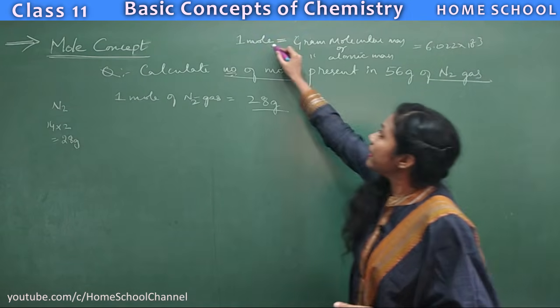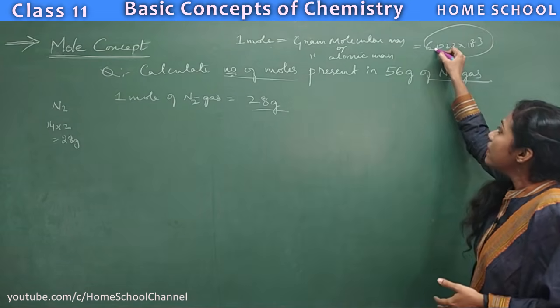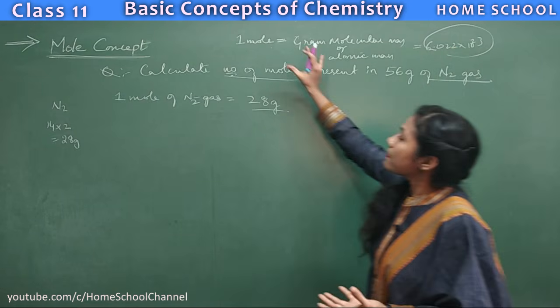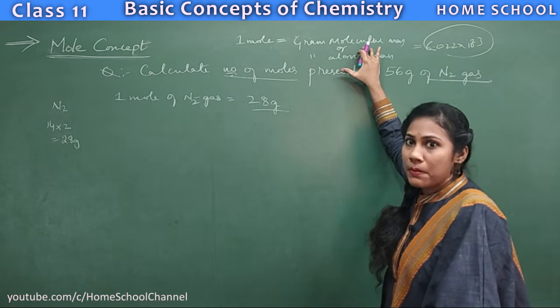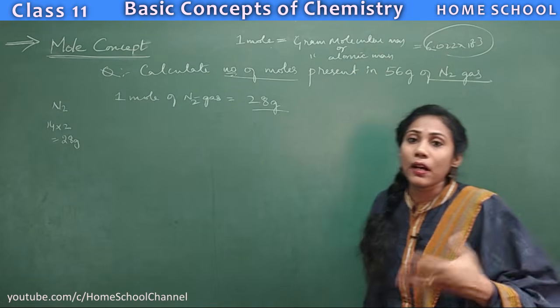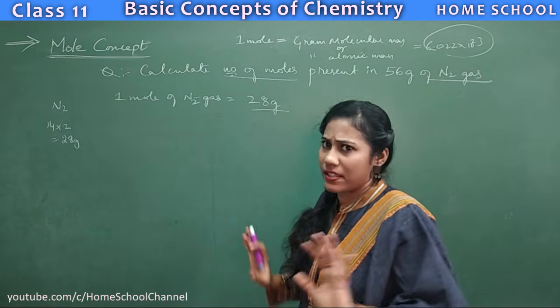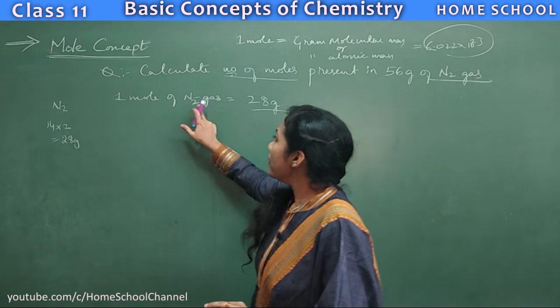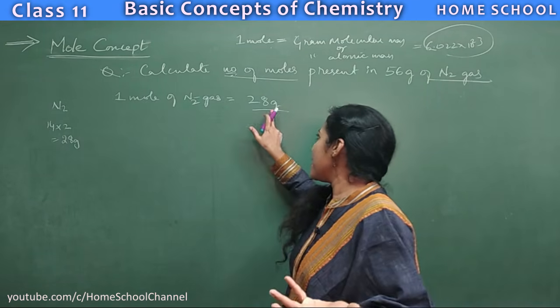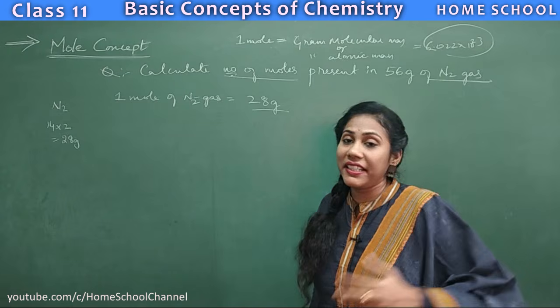So 1 mole of anything means these many particles. The mass of 1 mole is equal to the molecular mass if it is a molecule, and equal to the atomic mass if it is an atom. This is what we studied. So the same thing I am doing here. 1 mole of nitrogen gas has a mass of around 28 grams.